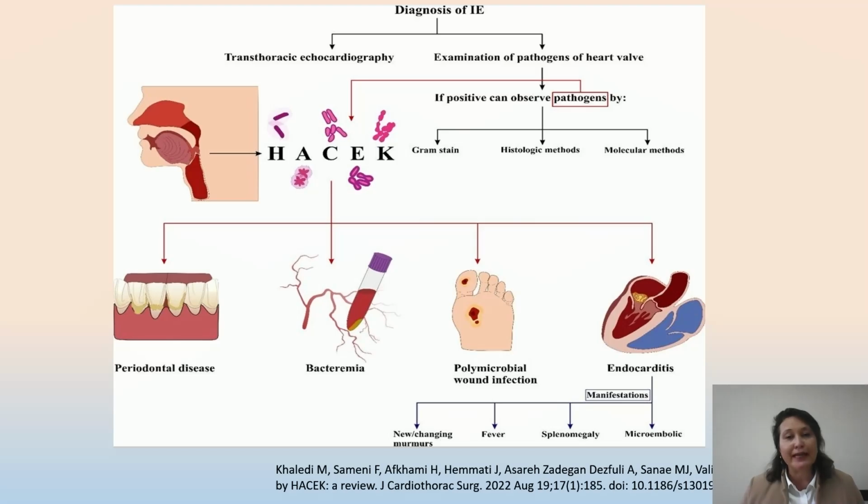We do culture test, and if positive, we can observe pathogen by gram stain or histological methods or molecular methods we can use in practice. And of course, bacteremia can be associated with other situations and diseases such as periodontal disease, polymicrobial wound infection, and endocarditis.